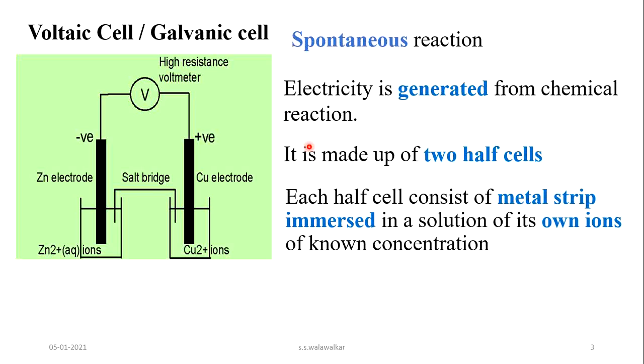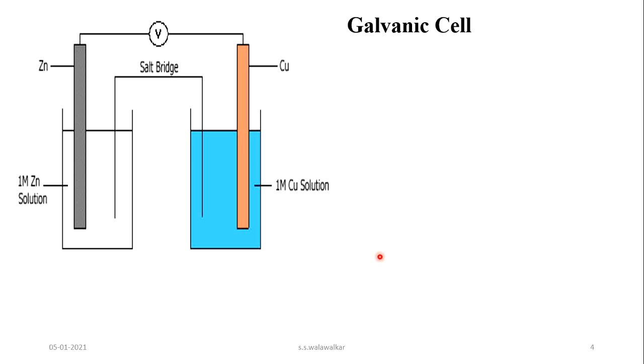So galvanic cell is made up of, in construction these points you have to note. It is made up of two half cells. Each half cell consists of a metal strip immersed in a solution of its own ion and of known concentration.